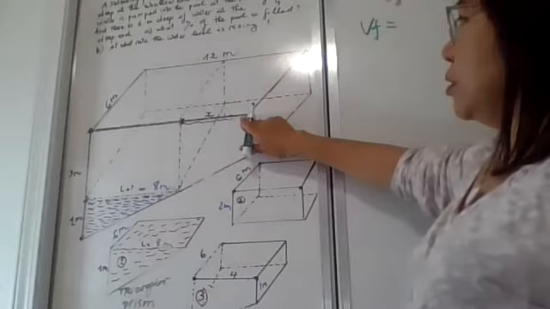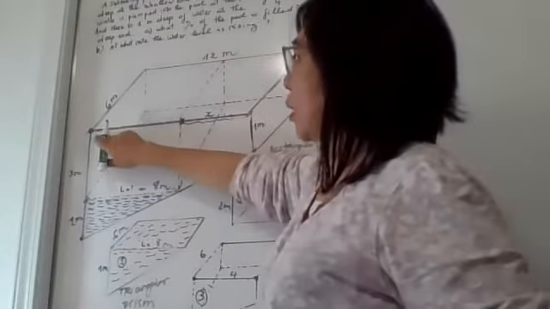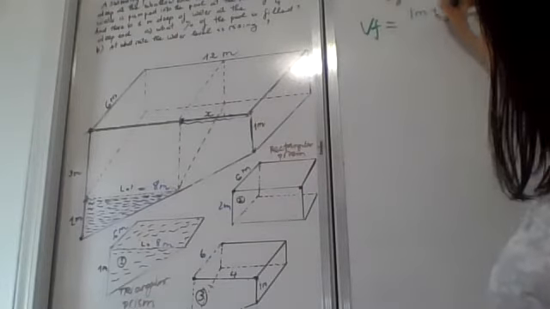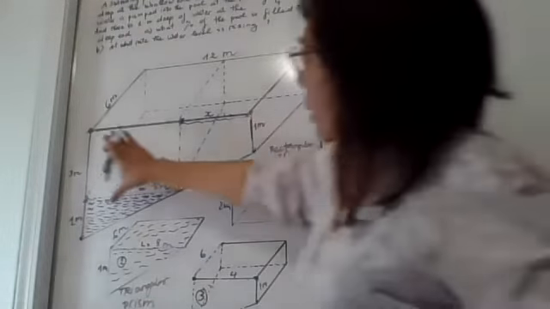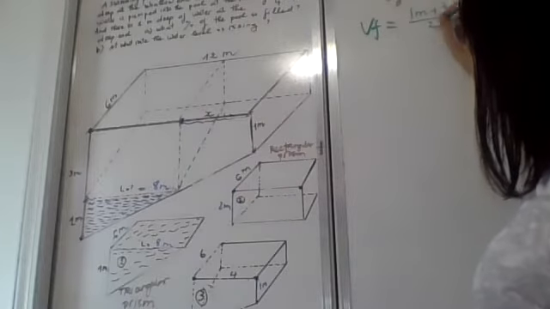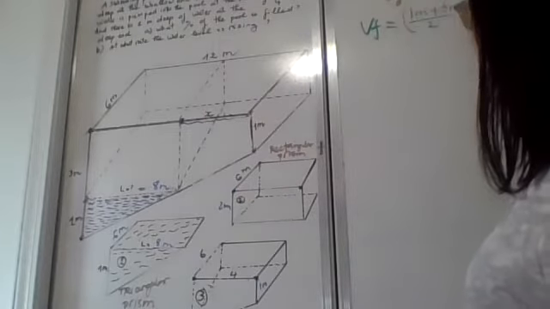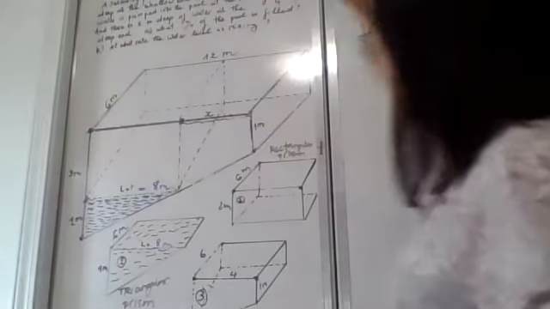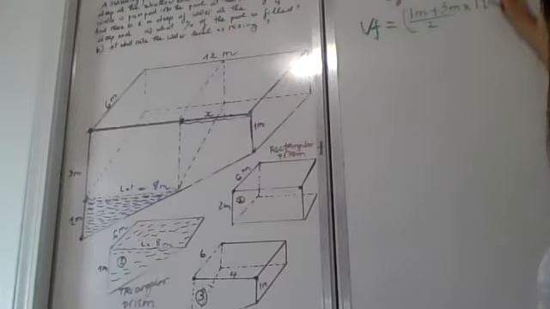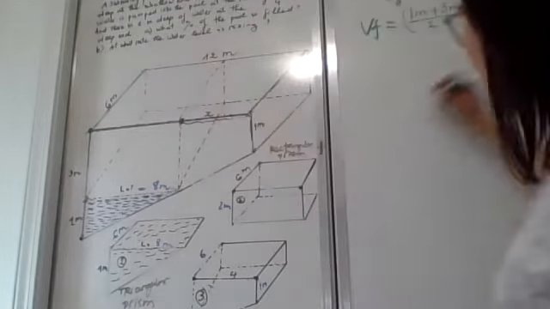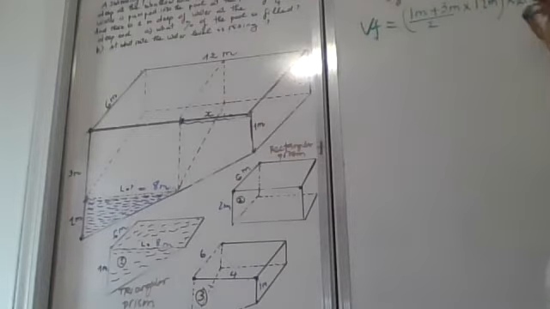The height of the trapezoid here, from here to here, is 12. So it will equal 1 meter, the short one here, added to the long one here, which is 3 meters, divided by 2 to get the average, times the height of the trapezoid, which is 12 meters, times the height of the prism, which is 6.